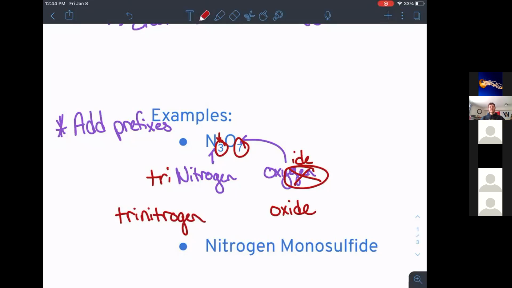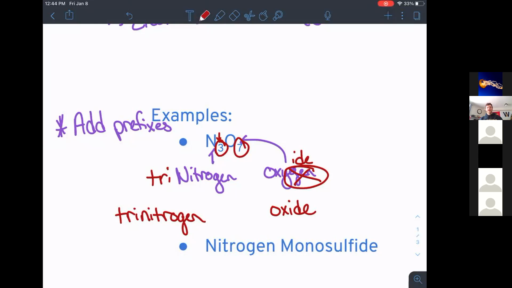Does anybody remember the prefix for 7? This one's tricky because tetra is a great answer, but tetra is 4, which is awesome. Good job on remembering those prefixes.